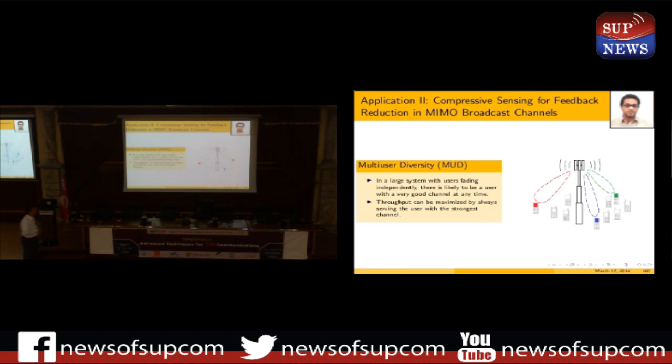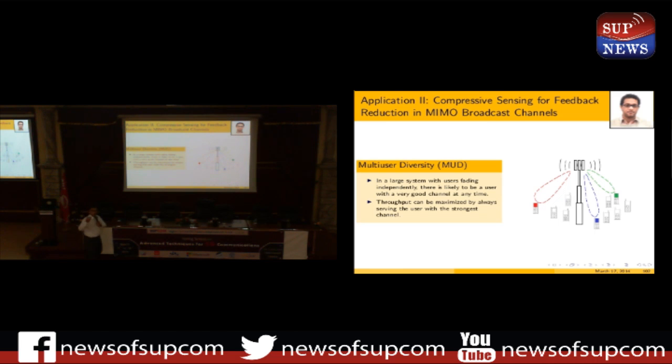These are the strongest users here, and we try to serve them, but because of the motion of the users, whoever is strong now will later be weak. In particular, we apply a technique called random beamforming. We form beams using these 3 antennas, and we ask the users what the strength of each beam is for them.